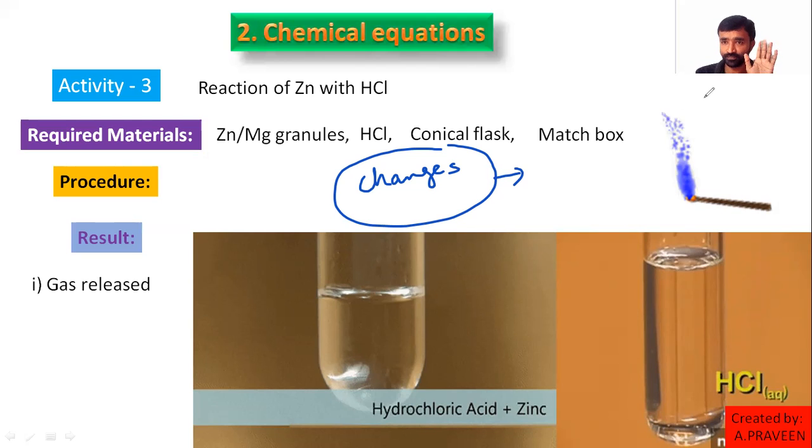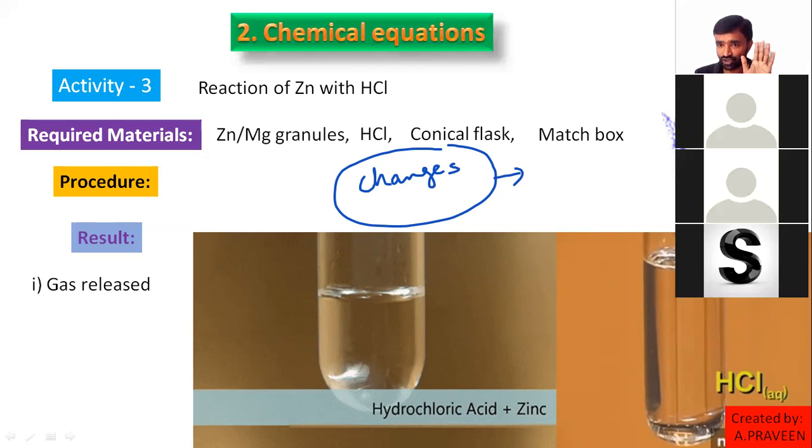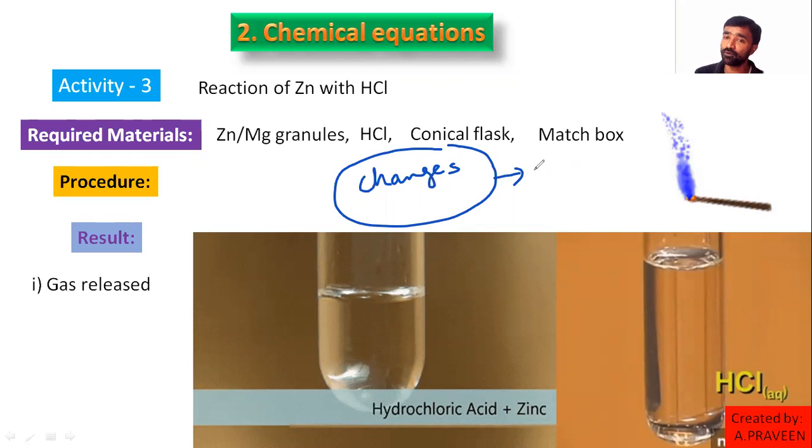Are you following me? Or any confusion? Here, if you observe changes only in color, shape, or size, without change in the composition, sometimes they may be temporary or permanent. That type of changes we can call physical changes, right?